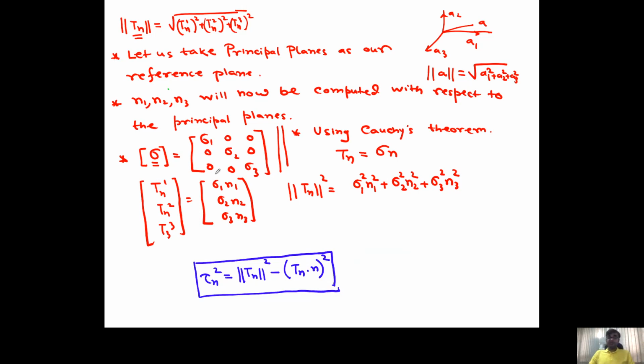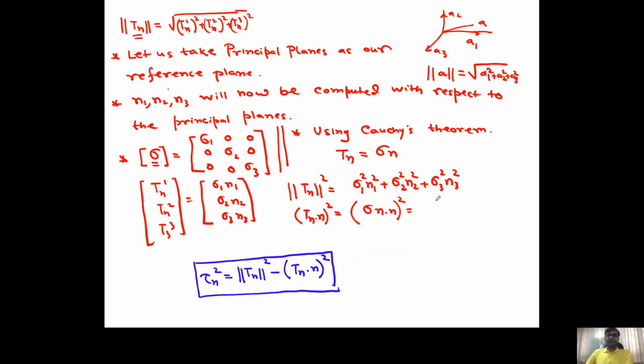What will happen with the second term? The term that you see here, Tn dot n. So Tn dot n, and there is a square, the square we should not forget about, will be, so Tn is sigma times n. Let me write it like this, sigma times n dot n, and then there is a square.